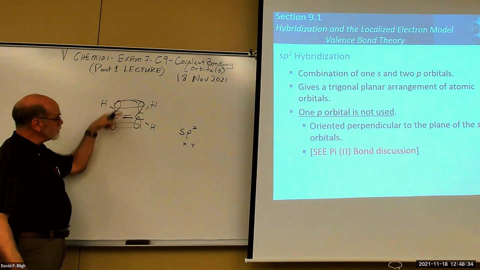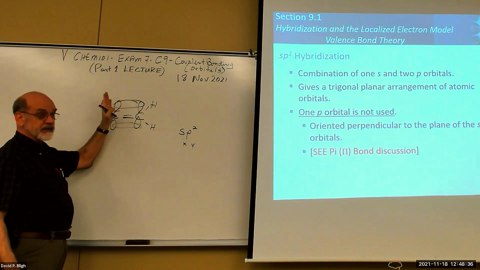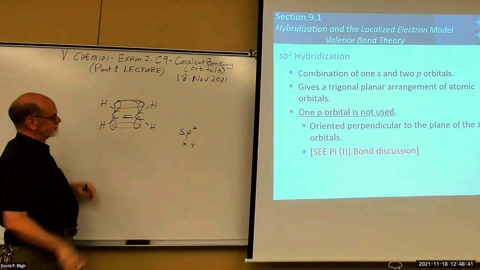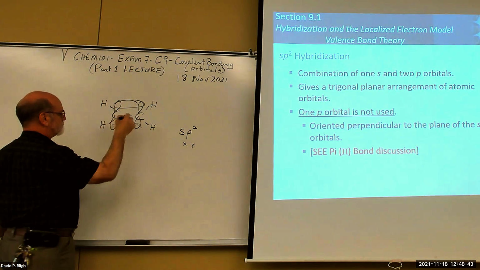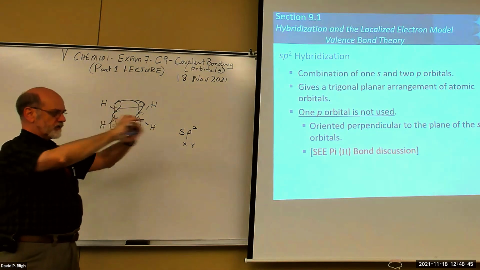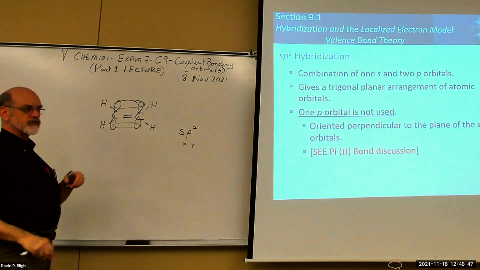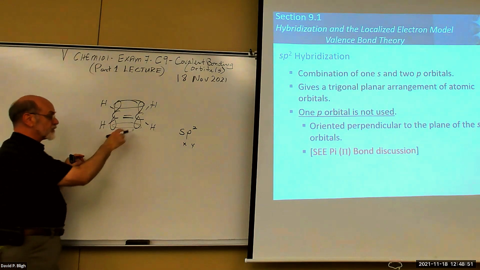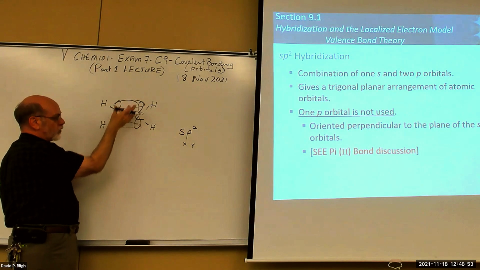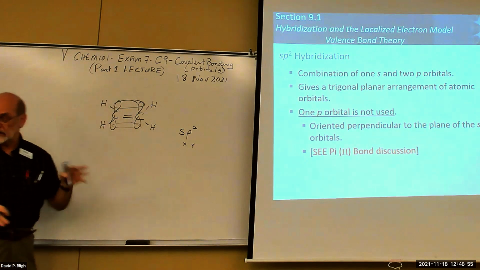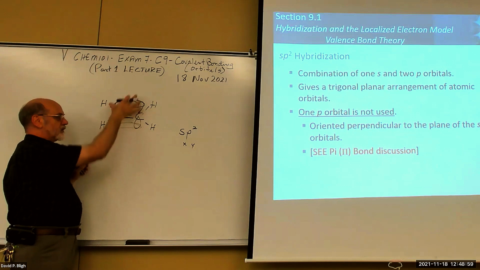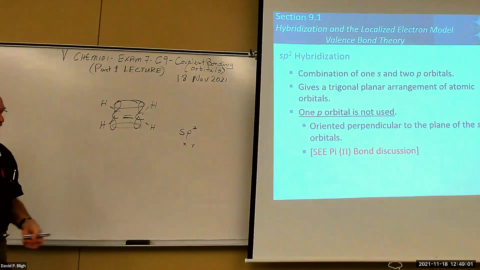Now this doesn't give us 2 bonds because this still is a single orbital. So the overlap, in fact, is kind of like a pillow on top and a pillow on the bottom. Those are just probabilities for finding the electrons in that region. And there's still only 2 electrons in here, even though it looks like we've got 2 separate bonds. We don't. We've got 1 bond here, and we're going to name it later.